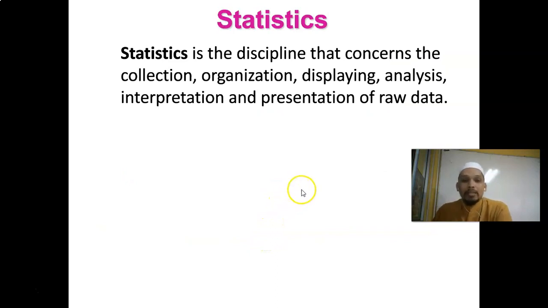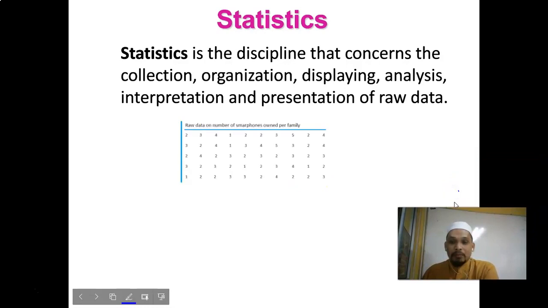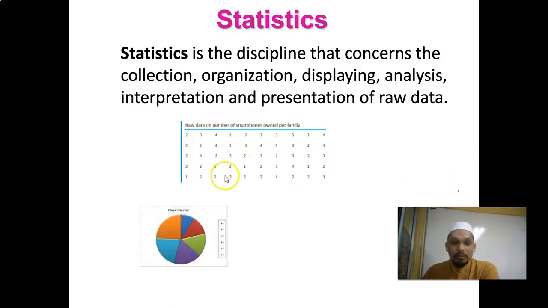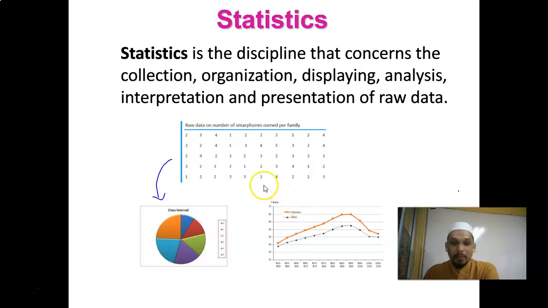Okay, so statistics is a discipline that concerns the collection, organization, displaying, analysis, interpretation, and presentation of raw data. So from this raw data of smartphones owned per family example, we can elaborate all this data into this pie chart, or a graph.